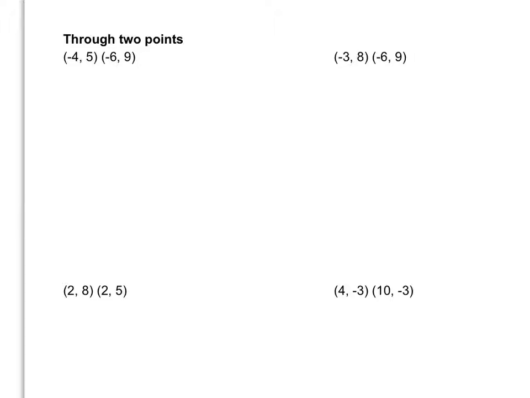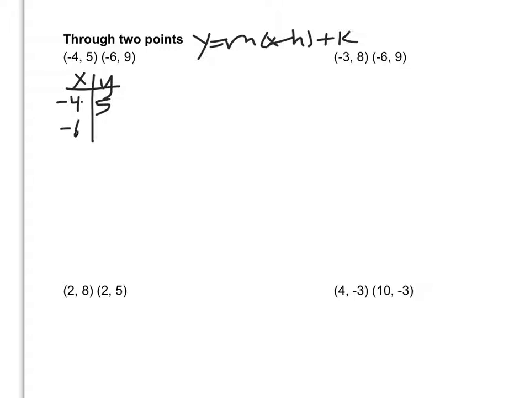Now we're going to do when I don't get my slope either, and I have to also find my slope. So if I'm writing the equation, my end goal is y equals m(x minus h) plus k, but I'm going to need to find the slope first. So how do we find slope? We plop our points in our lovely table. So (-4, 5) and (-6, 9).